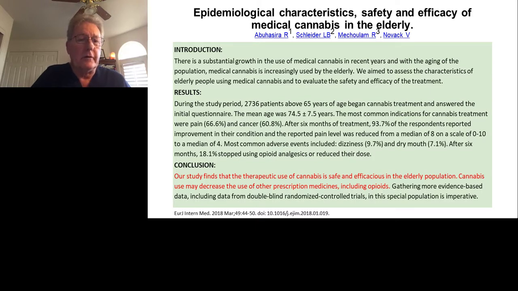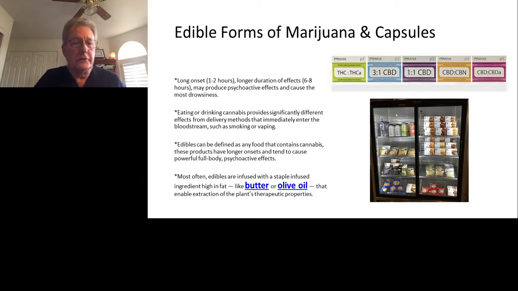The study found that therapeutic use of cannabis is safe and efficacious in the elderly population. It may decrease the use of prescription medications, including opioids. I urge you to take a look at that study.